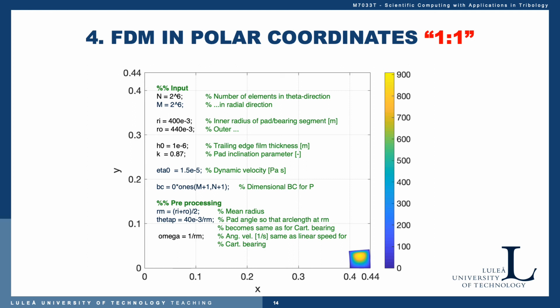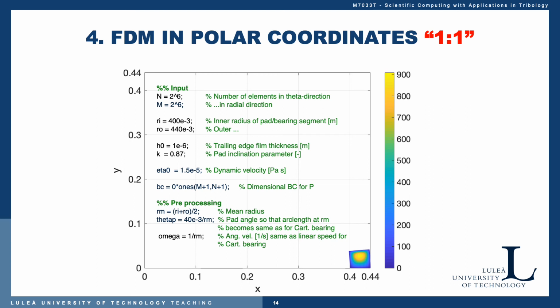Here we also have a picture where we have increased the inner radius further, and now we see that we have a more or less rectangular bearing, and we realize that from 0.4 to 0.44 there will not be a tremendous change in the velocity in the y direction over that segment.